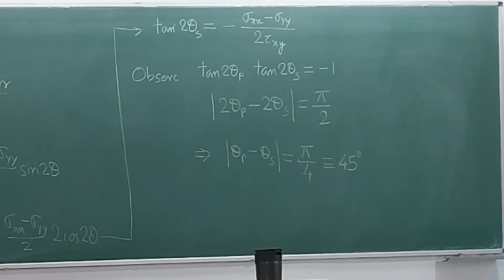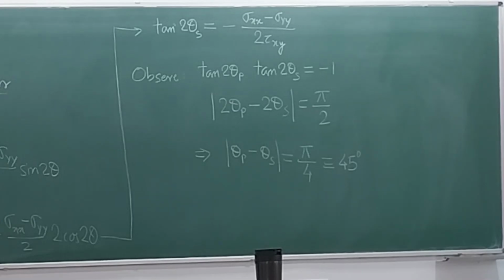And later on, when you do labs, this will actually be very clearly demonstrated to you when you do the tensile test versus when you do the torsion test. And there is actually a little thinking type of question at the end of the tutorial sheet number 6, okay, related to this.